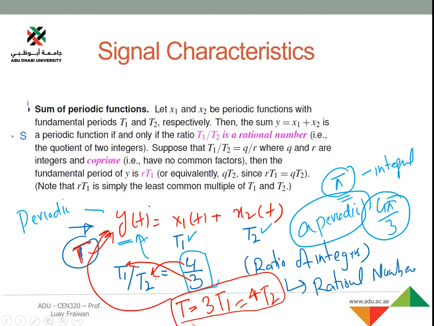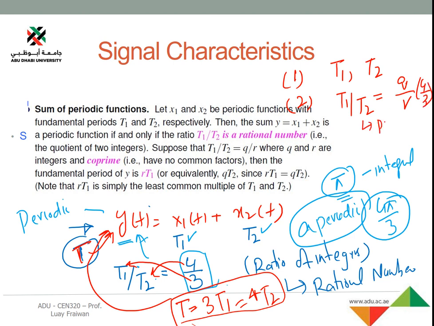So we have three steps if you want to check whether your output signal is periodic or not. First, calculate the time periods of the original signals. Second, take their ratio. If the ratio is in the form of two integers, like 4/3, then your signal is periodic, otherwise aperiodic.